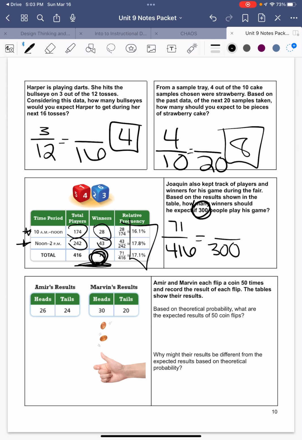And I get a decimal. I get 51.2. I'm going to round that because we're talking about people, and there's not half people. So I would expect about 51 to win his game if 300 people play.